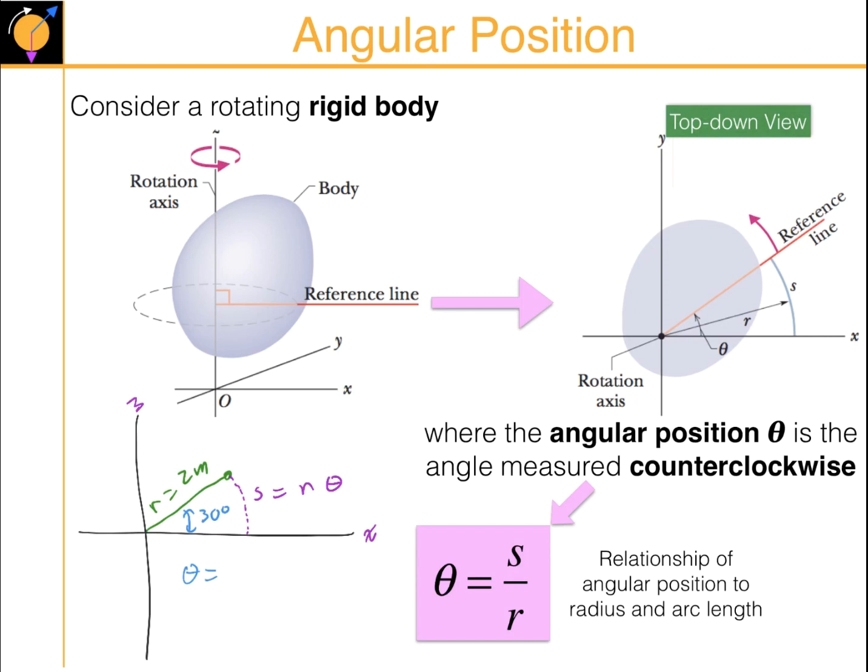So we can use 30 degrees, and multiply by 2 pi over 360 to get our angle, which is about 0.5236 radians. If I plug that into the equation for s, it'll be 2 meters times 0.5236 radians, and that works out to approximately 1.05 meters.